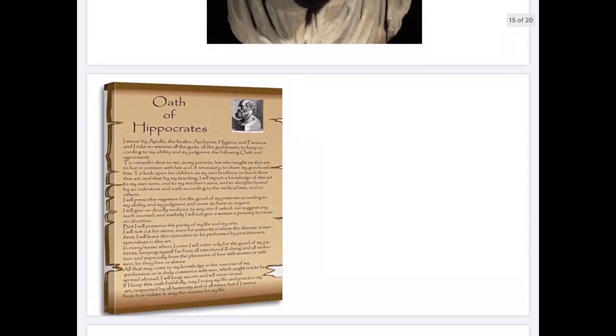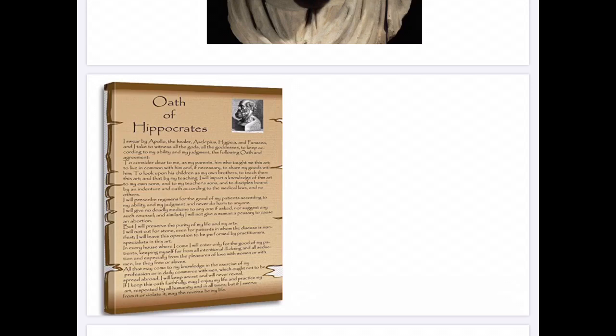If you can read this, you can read it. Ethical living, gentle, compassionate care for all. He felt strongly about everyone deserving health care, not just people who could afford it, or wealthy people or people of high status, but all people, servants and even women. All people deserved compassionate health care.